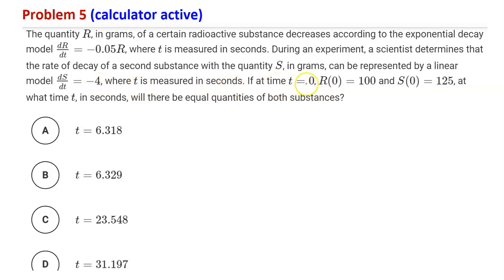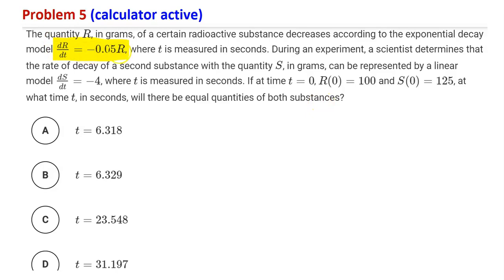If at time t equals 0, R(0) equals 100, and S(0) equals 125, at what time t in seconds will there be equal quantities of both substances?